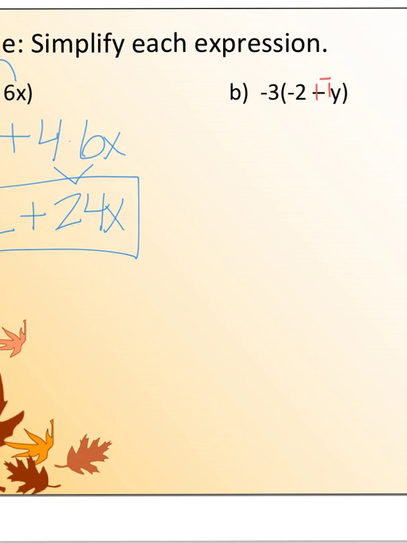It's always going to be outside the parentheses. And that happens to be where you read this as negative 3 times parentheses negative 2 plus a negative 1y. So the negative 3 is doing the hopping. So let's hop. Negative 3 times negative 2 plus negative 3 times a negative 1y.